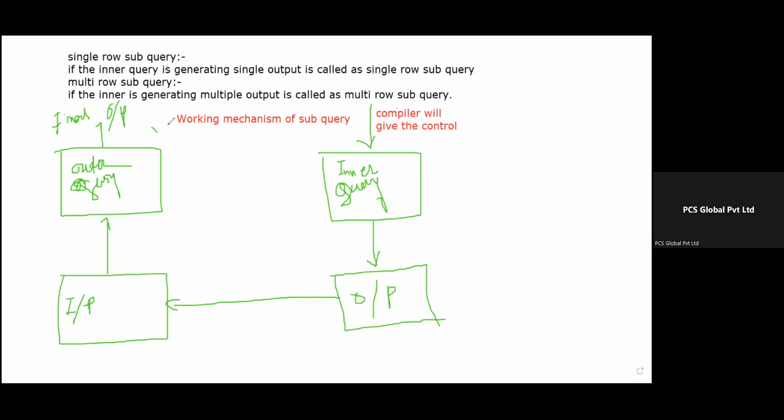Guys, understood or not? Or is there any query you can ask? Sir, can you repeat again? The compiler will give the control to the inner query, and whatever output we get from the inner query, this output will act as an input to the outer query, and the outer query will give the final output.